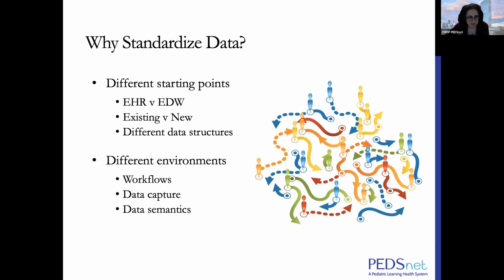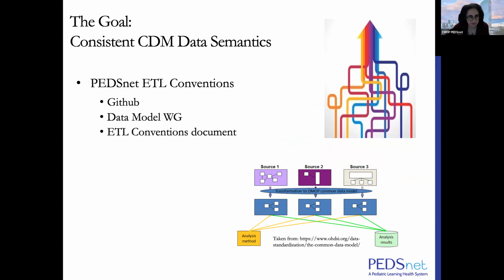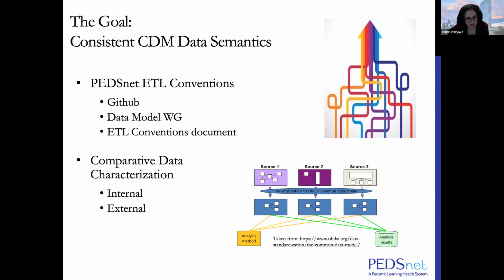This also goes into the different environments, and how workflows affect the representation of data. So the goal is consistent data semantics. We have PEDSnet ETL conventions, and they're in GitHub and publicly available.